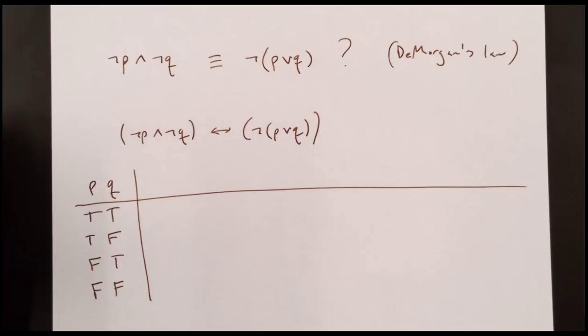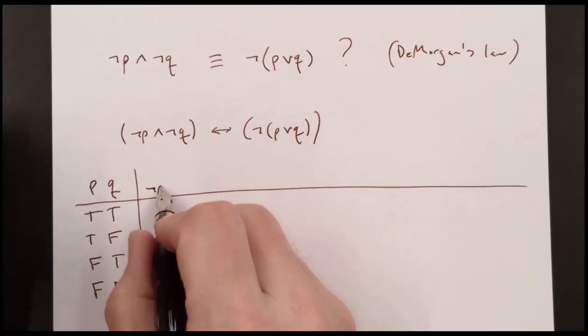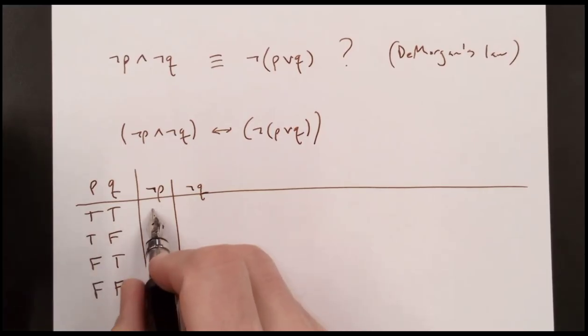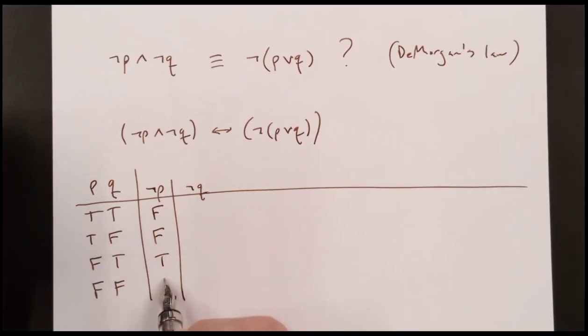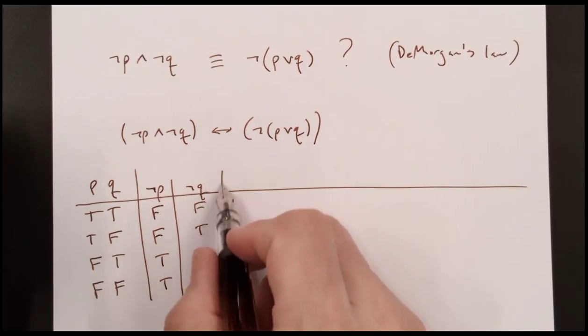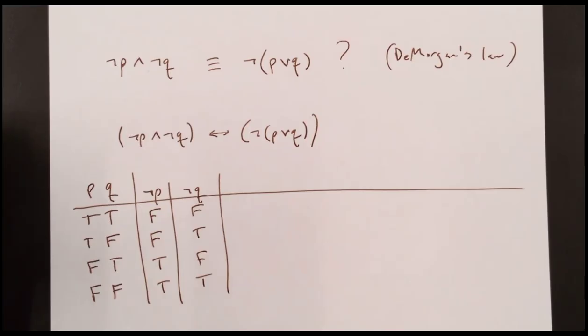So we're going to do the thing on the left? Okay. If I'm going to do the thing on the left, I need not P, I need not Q. And the thing on the left ands those together. Yes?